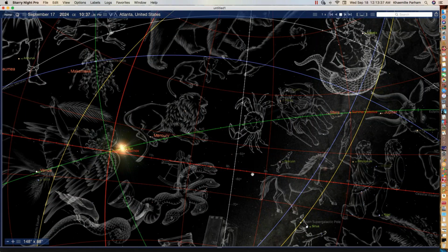Okay, so the Sphinx is guarding the equator, and any planet near the equator that has what's called declination, which means how far they are from the equator. Any planet near 0 degrees of declination, very near, maybe 1 or 2, maybe 3 degrees from the equator, those planets act universally.